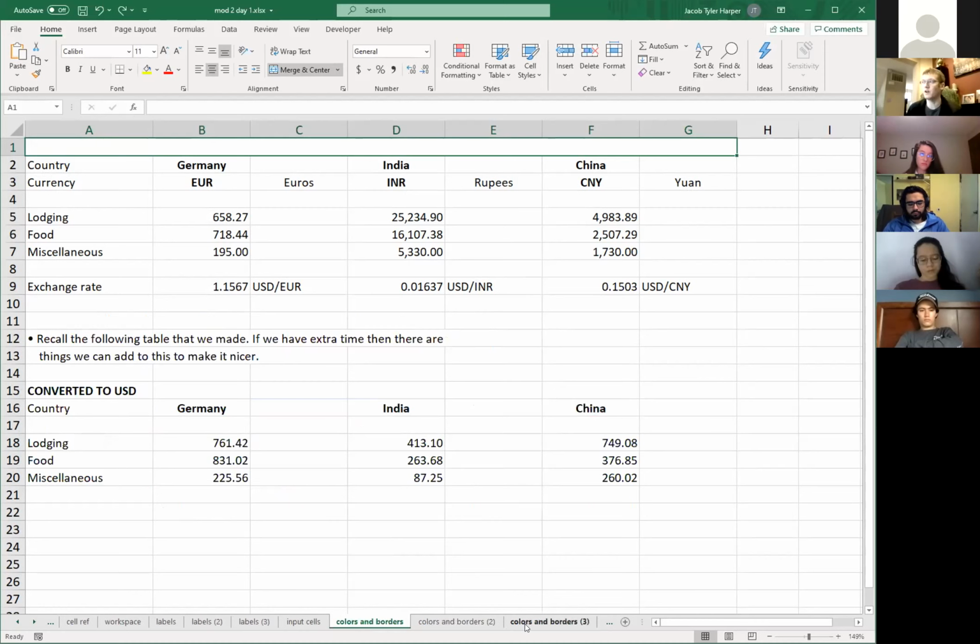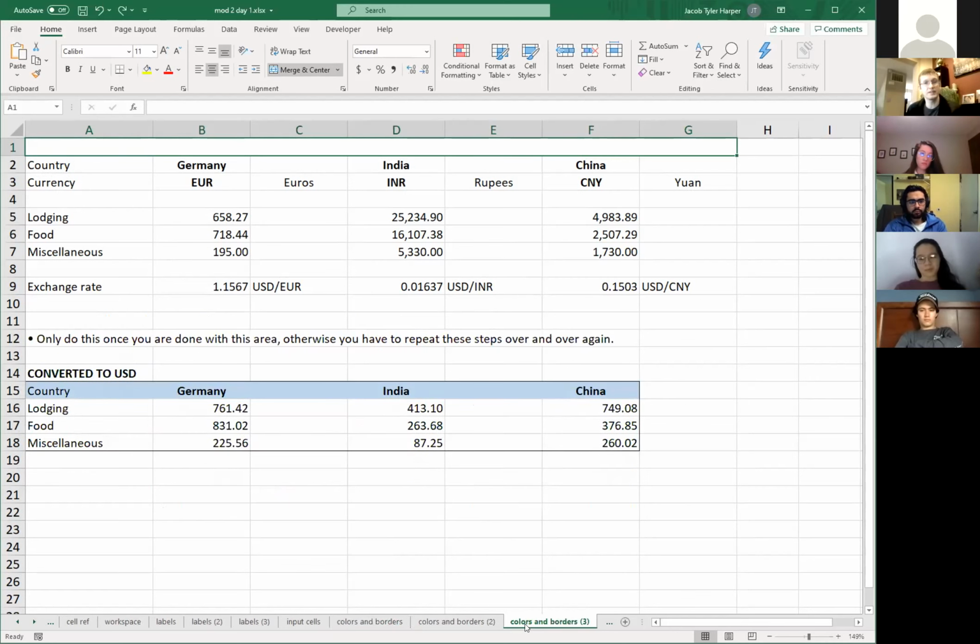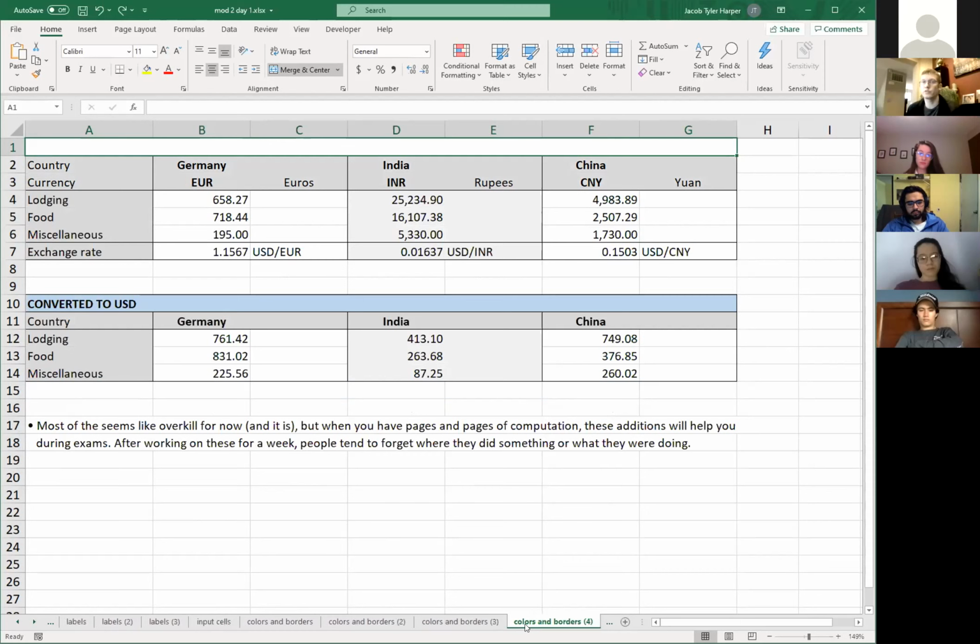So instead of just having all this black and white, which if you have multiple pages of just black and white stuff, your eyes start bleeding trying to read this stuff. You start throwing things like this on it, it's just easier to focus in on your work when you come back to it. And if you want, you could even throw that around like the initial stuff that's given to you. There's nothing that says you can't adjust what was given to you at the top.